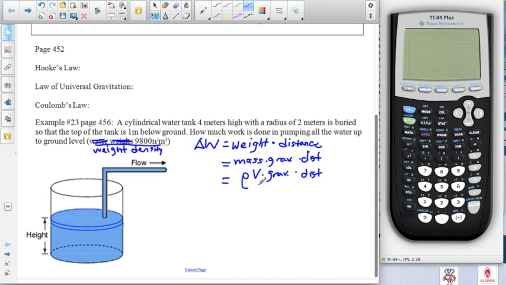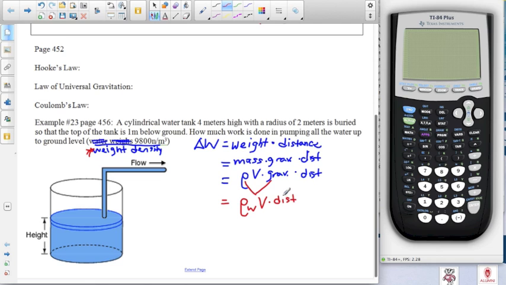This weight density is really this mass density times gravity. So we can rewrite this as the weight density times the volume times the distance that we have to move. That distance that we have to move becomes that function, so to speak, because it does vary depending upon where the disk is located, whether it's at the top or at the bottom.